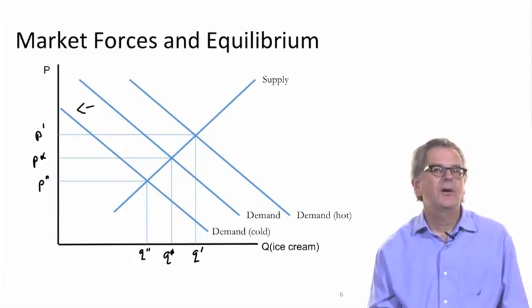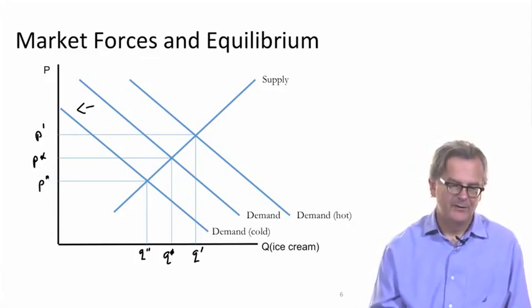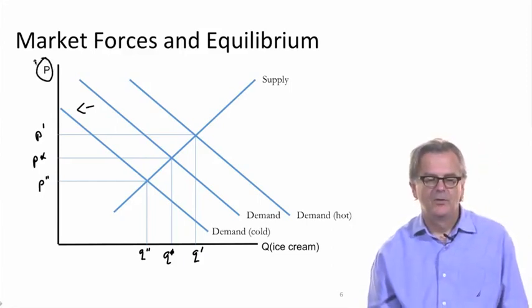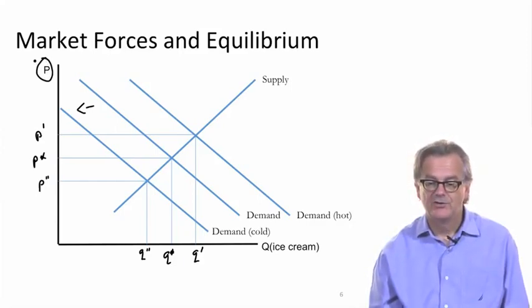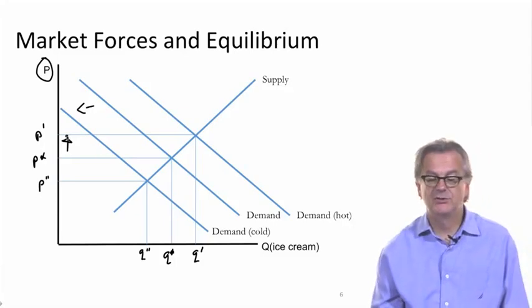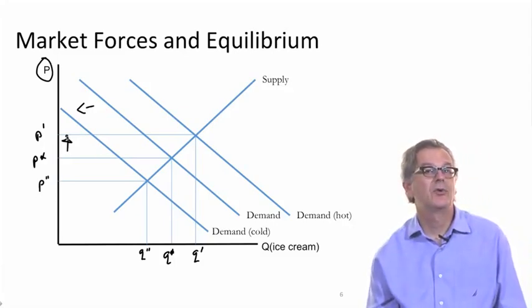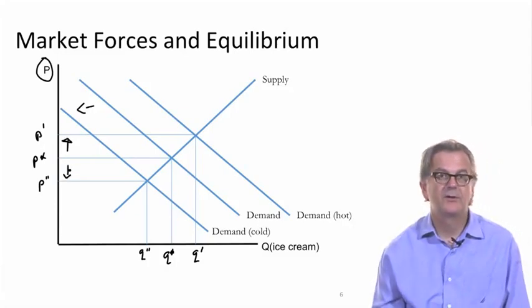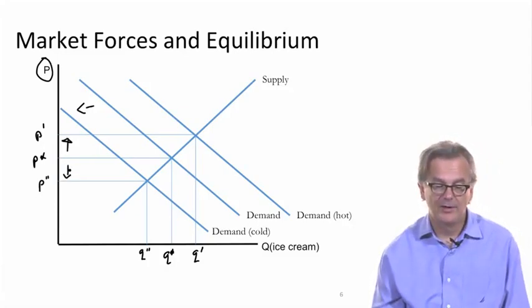The point I really want you to take away from this is the role of price here. What we're seeing in effect is price adjusting to different demand conditions, with the price increasing in response to higher than normal demand, with the price decreasing in response to lower than normal demand.